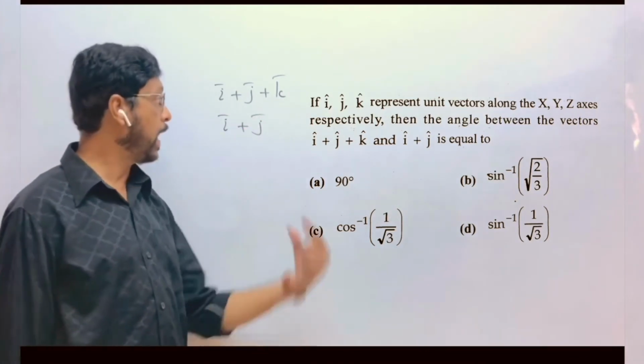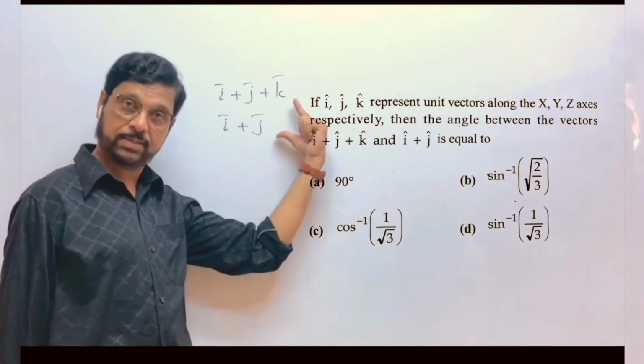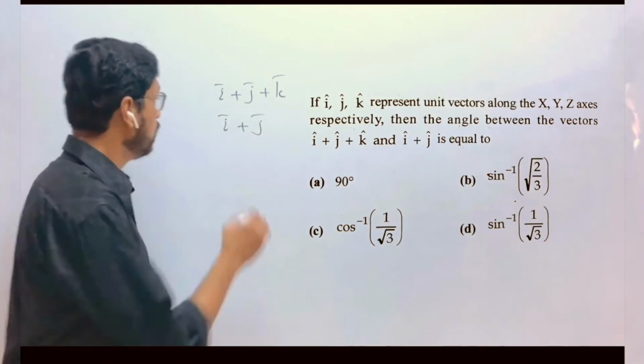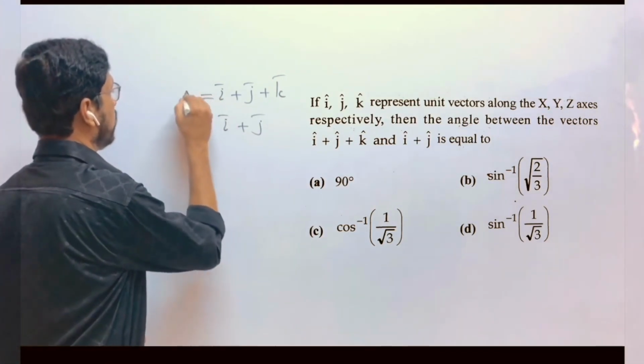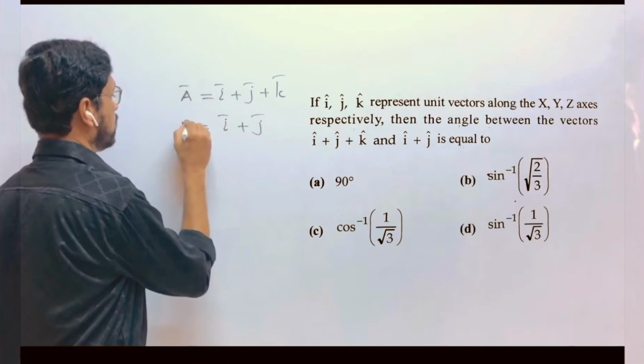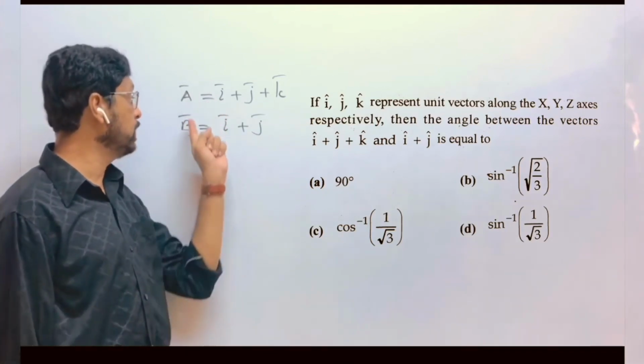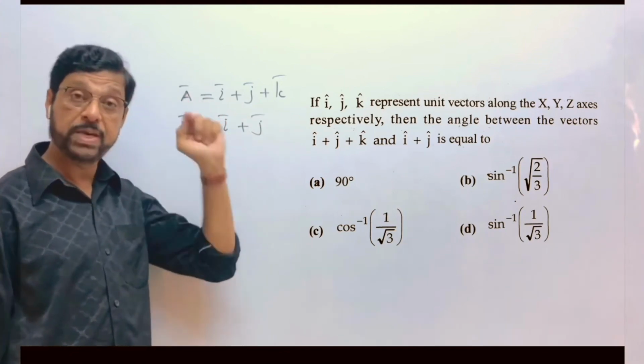You have to find the angle between these two vectors. So we call this vector, suppose, vector A, and this vector, suppose, vector B. So you have to find the angle between vector A and vector B.